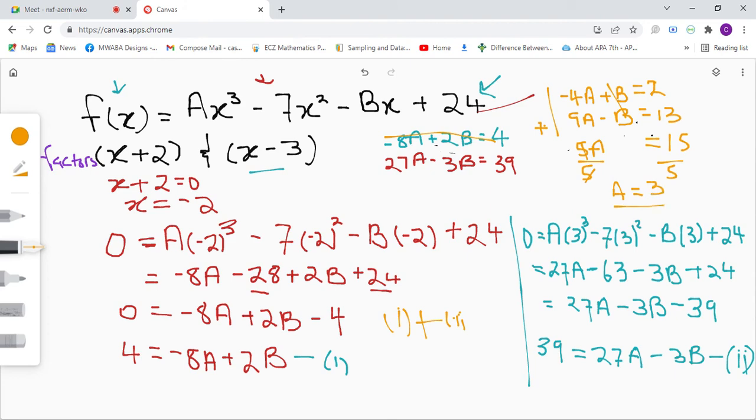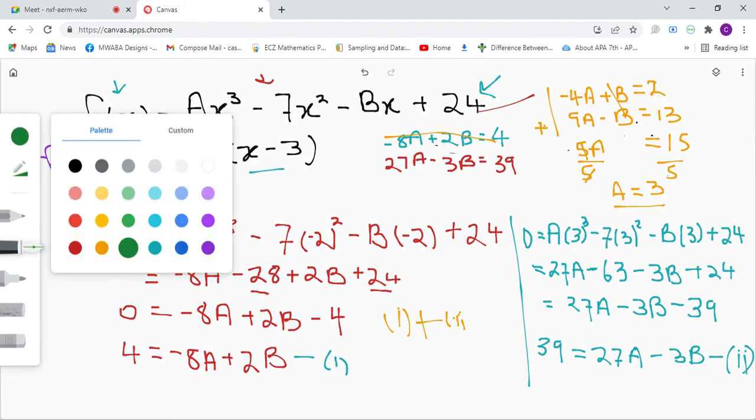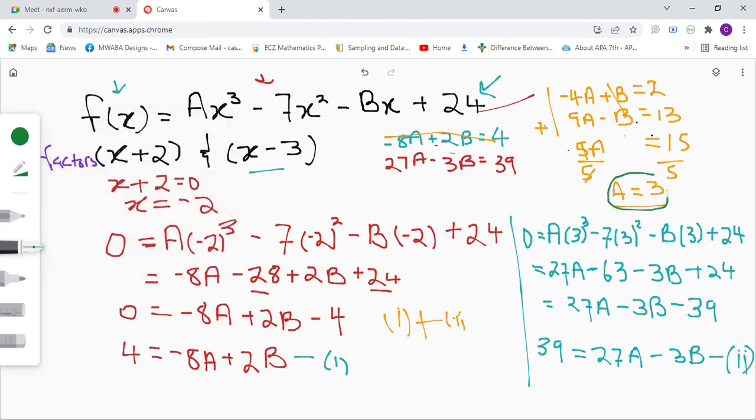Now I want to find the value for b. We can substitute a equals 3 into any of the equations, so I'll substitute a equals 3 into equation 1. Equation 1 is negative 4a plus b equals 2.